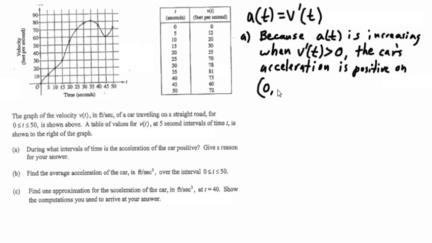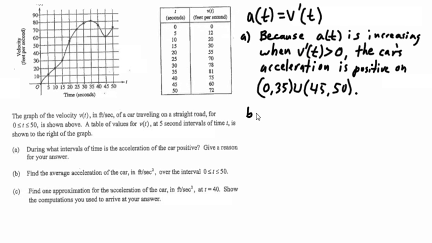So 0 to 35. And also this other section here, the slope is decreasing between 35 and 45, but between 45 and 50, the slope of the velocity relation is on the increase. And so we have the answer and the justification.